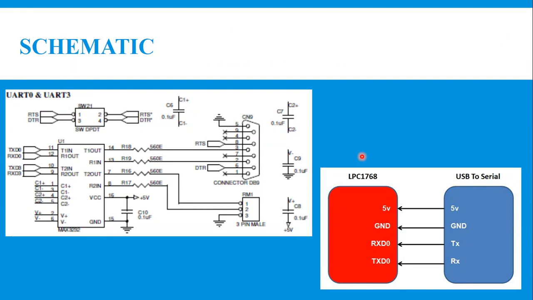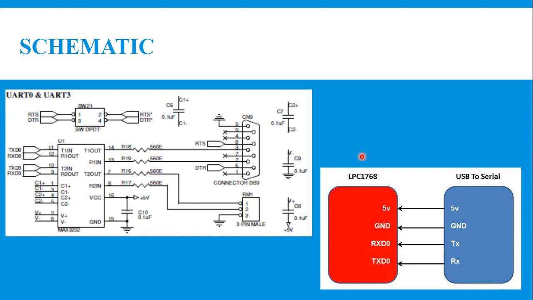Here we will restrict our explanation to UART0, and similarly you can extend it to the other UARTs. The only thing that varies is the pin numbers you are going to configure.